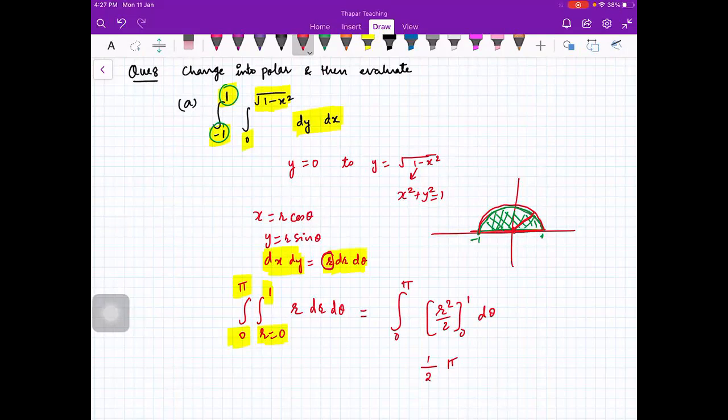Anybody having any doubt in this? Yes, ma'am. As the two quadrants are the same, will we not multiply by 2? Yeah, if you want to do that, multiply by 2, then you have to take theta from 0 to pi by 2, because one quadrant is from 0 to pi by 2. I have considered it in the integration itself, but you can do that also.